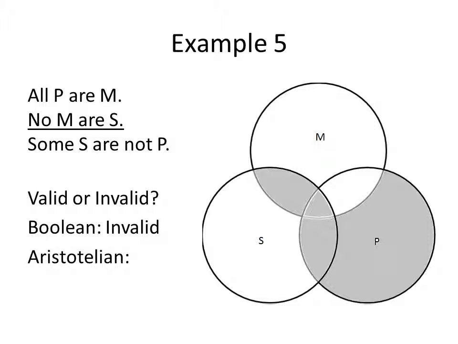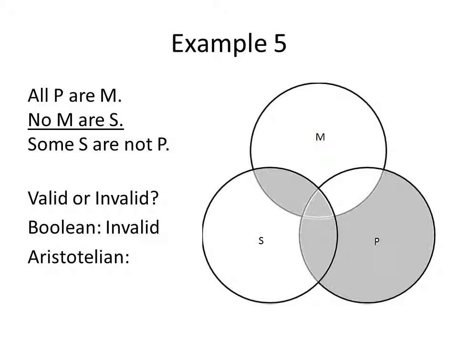What about the Aristotelian? Well, note that again we have a case where the premises are both universal and the conclusion is particular. Do we have a circle where 3 out of 4 parts are shaded? Well, it turns out we have 2.